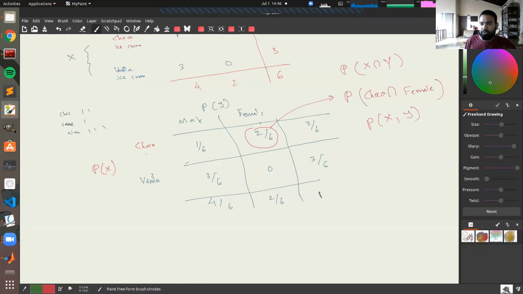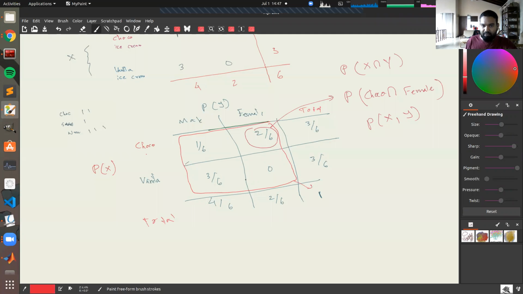This joint probability distribution is just simply this part. These are the margins where I've added the totals. This is what we call the joint probability, and you can see if I add these joint probabilities, they reach 1.